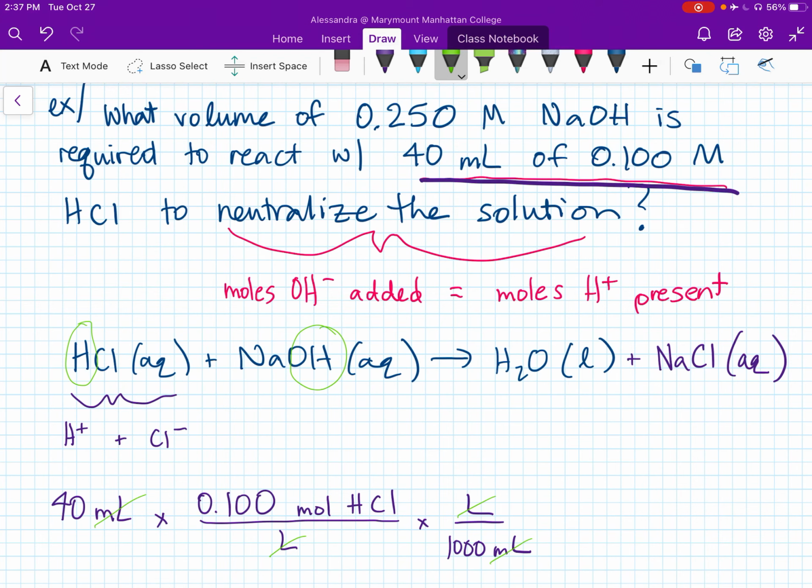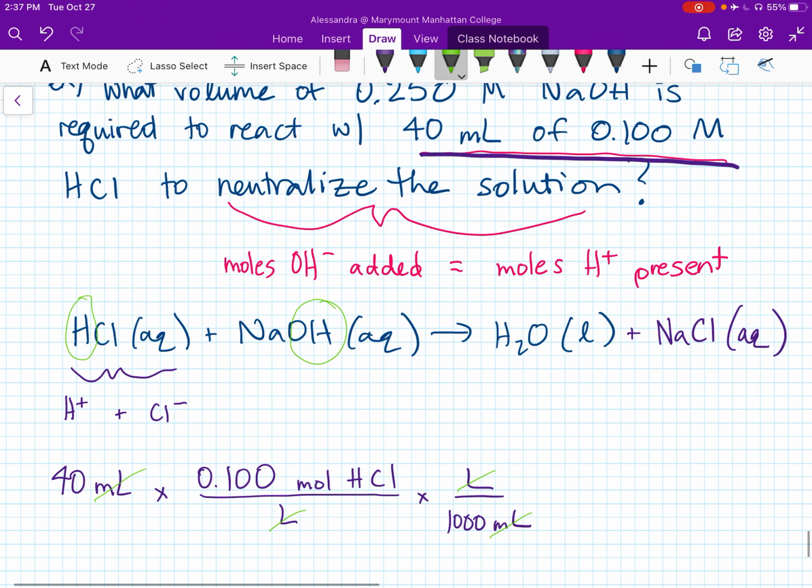It's asking me what volume of a 0.250 molar sodium hydroxide is going to be required to react with this many moles of HCl. Looking at the balanced equation, I can see that I have a 1-to-1 ratio of NaOH to HCl. Okay, I get that from my balanced chemical equation.